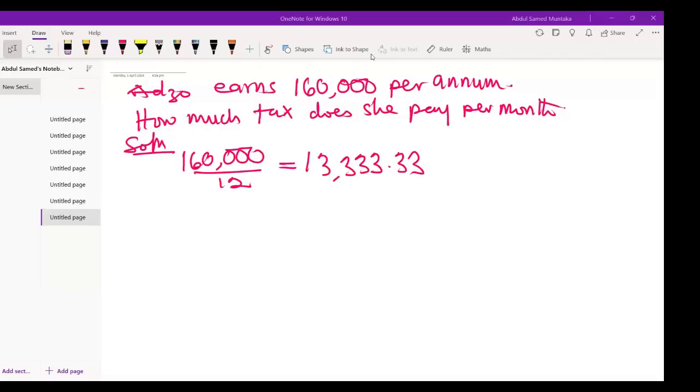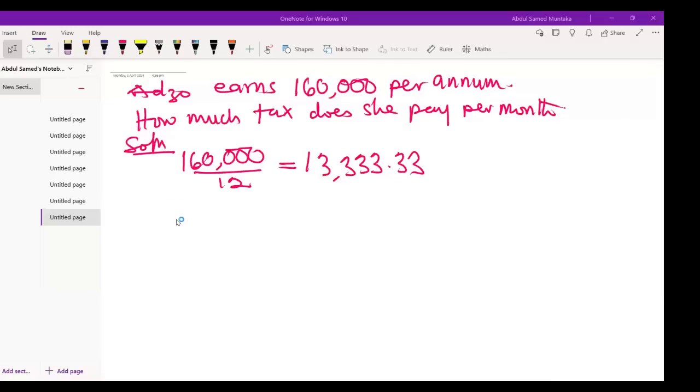So you see that the 19,200 that you people are getting is already more than her monthly income, and so it's not correct. You have been given her income per annum, and therefore you have to determine the per month income first before you can calculate the tax.